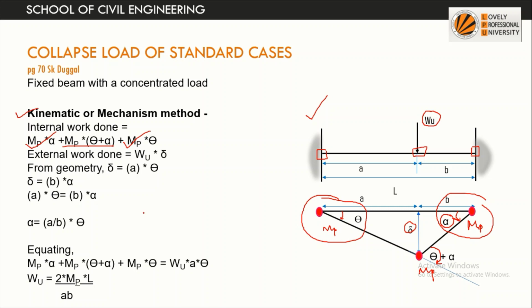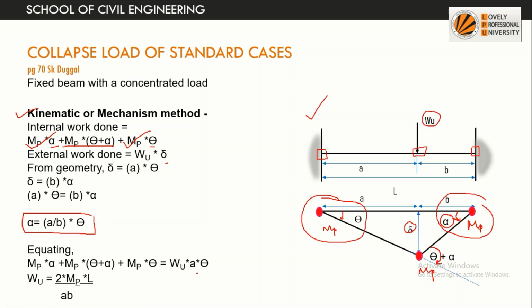When we equate this, we'll have unknowns alpha, theta and delta. So we should convert everything in the form of theta only. From the left hand side, we can write tan theta is equal to delta by A, so delta will be equal to A into theta, and from the right hand side delta will be equal to alpha into B. Equate these two values and we'll get a relation between alpha and theta.